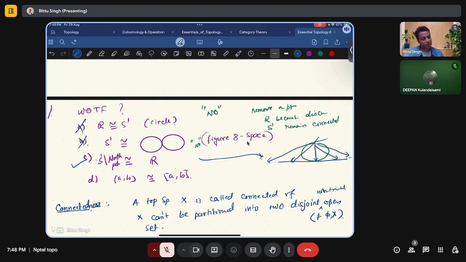You can explicitly write the map. Now again the same issue: remove a point. We'll remove the point A from this closed interval. So we get the interval (A, B], which is connected, but removing any interior point makes it disconnected.